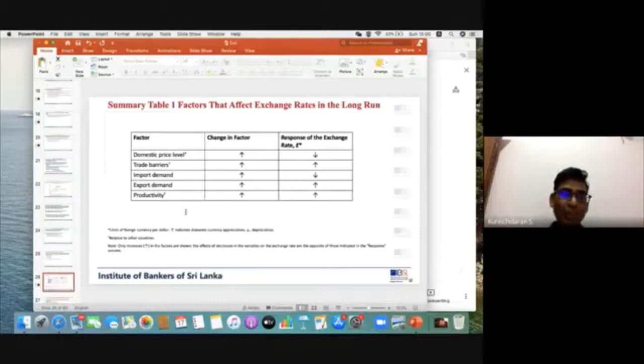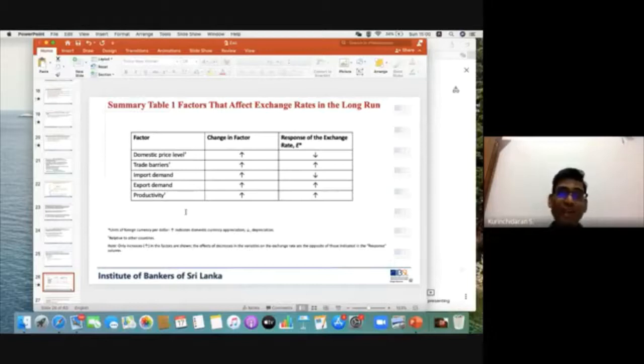And then productivity. So when the productivity relative to other countries increases, we will produce at a lower cost. So our product might be cheaper. Then what will happen? Foreign country people also want to buy our stuff because that's cheaper because of the productivity increase. So they need more of our currency.